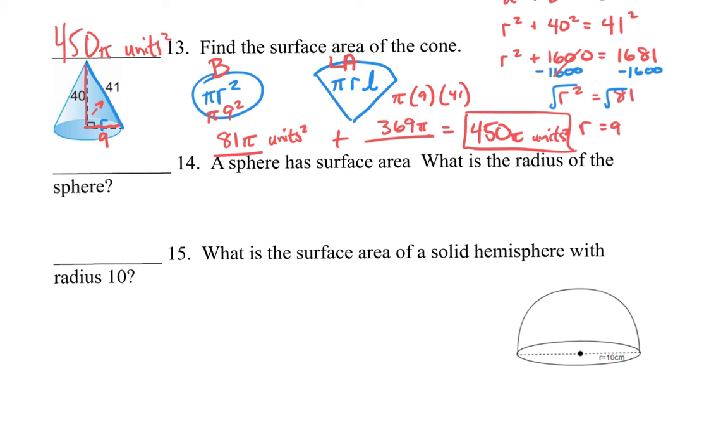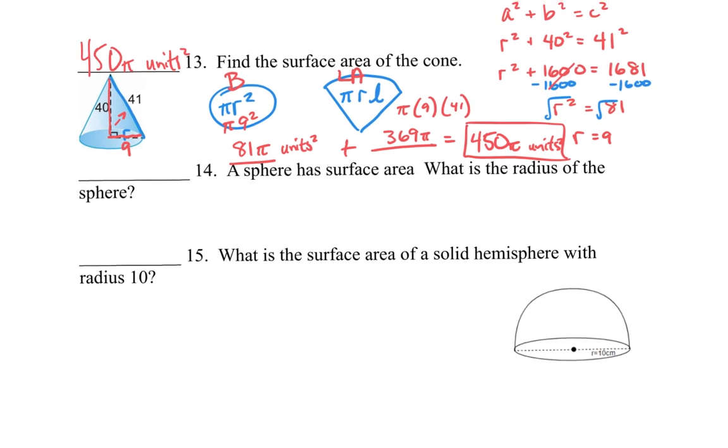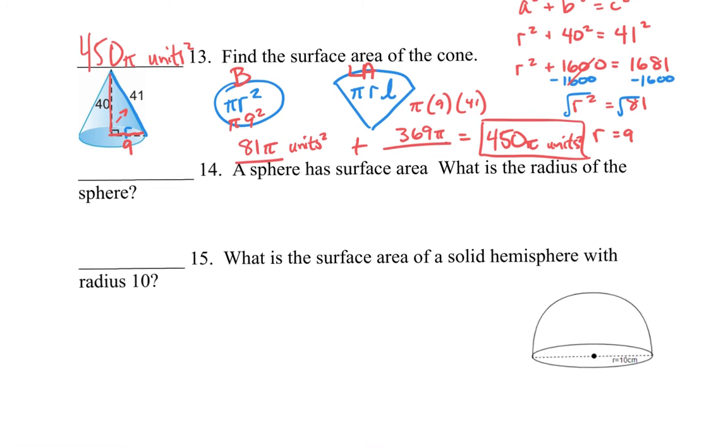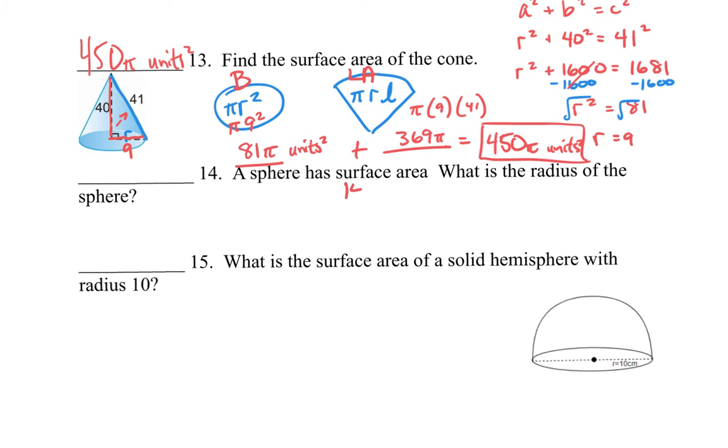And then we got a sphere. It has a surface area of... I lost something here. It's supposed to say it has a surface area of 144 pi. What is the radius? So somehow this is missing a piece of the question. So in this one, we're going to use the formula.